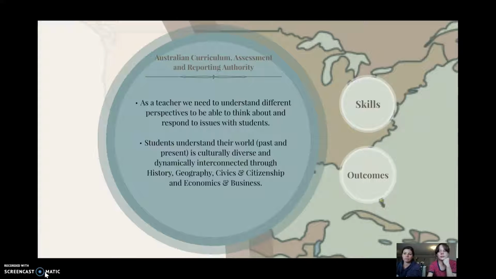In the Australian curriculum, there are 4 strands that cover HASS. These are history, geography, civics and citizenship, and economics and business.